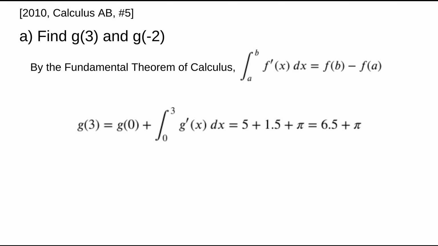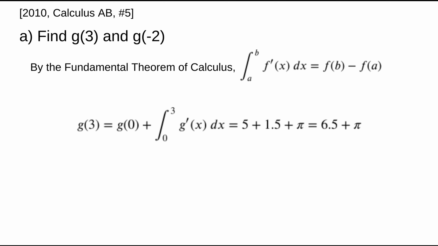So g of 3 is g of 0 plus the integral from 0 to 3 of g prime of x dx, which, using the graph and some area calculations from geometry, we're going to get 5 plus 1.5 plus pi, and so g of 3 is the sum of all that, which is 6.5 plus pi.